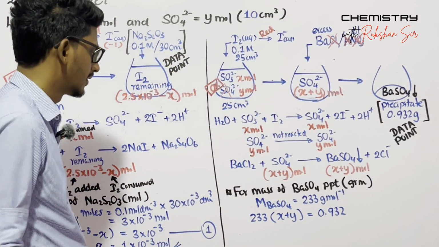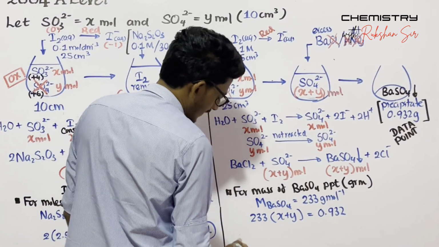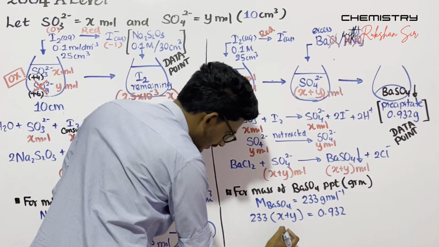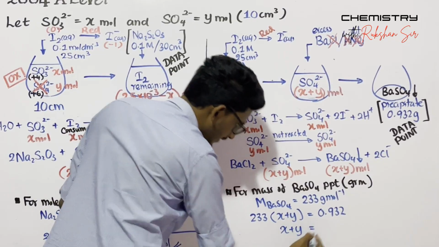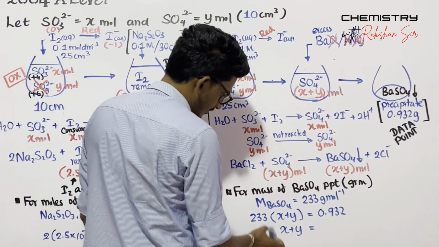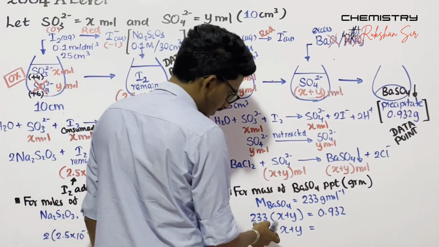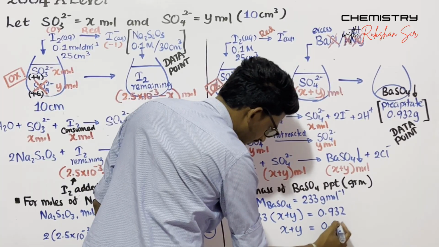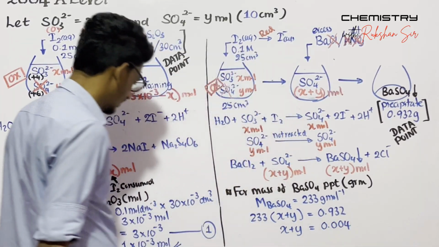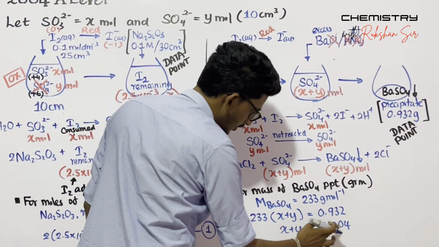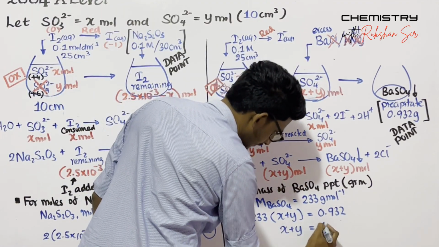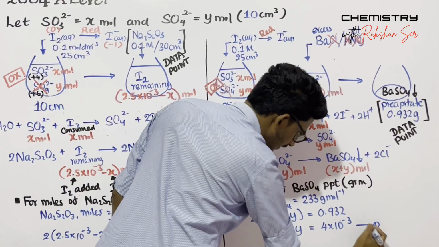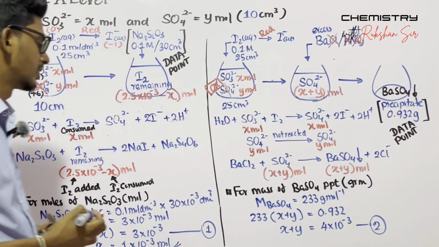You can simplify this by dividing by 233, so X plus Y is 0.004, that means 4 times 10 to the power minus 3. That is your second simultaneous equation.